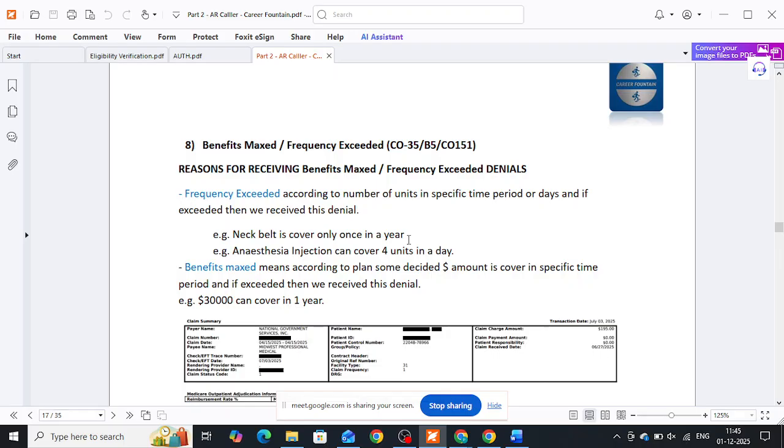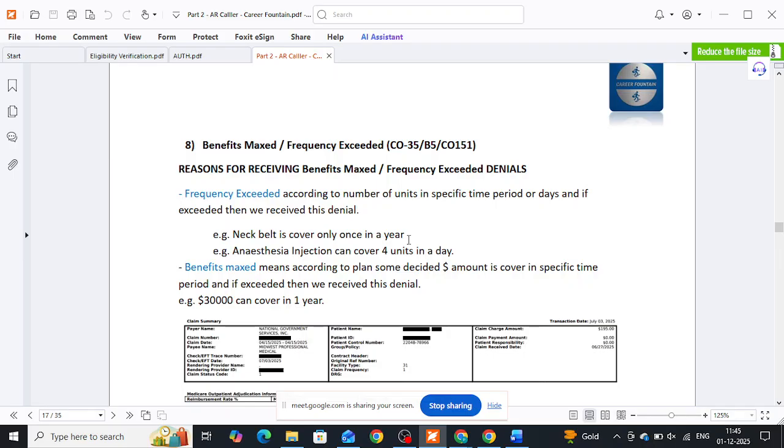In the US also it is the same thing. Every insurance company or plan has some limit. Either the limit is for a dollar amount or maybe a number of services. If they are talking about the dollar amount, then generally they will deny for benefit max.